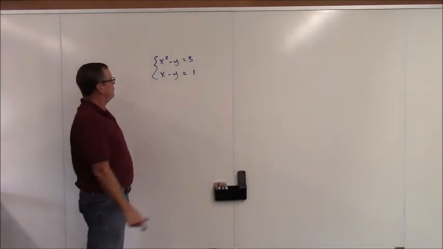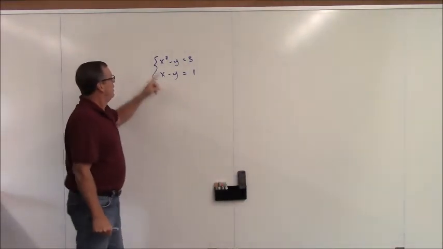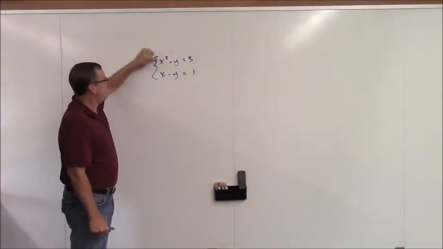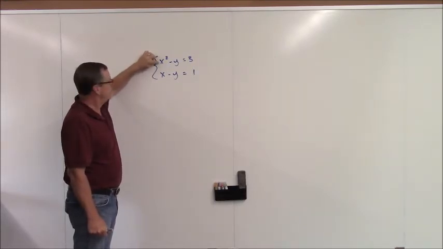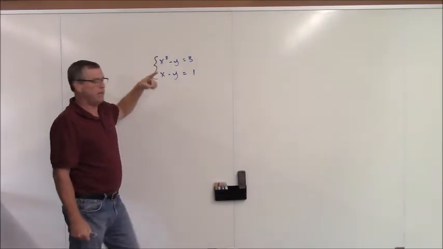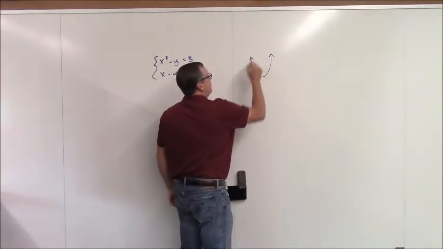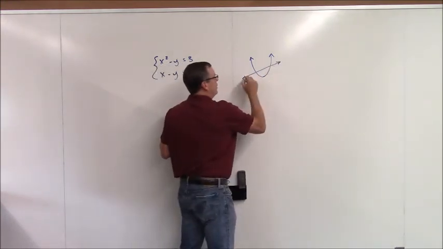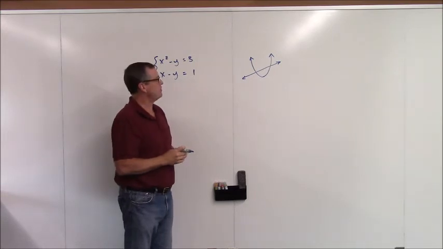All right, so here's another system of equations that we need to solve. But right away you notice something a little bit different about this. It's not 2 lines, it's a parabola and a line. And if we think about that, if I got a parabola and a line that goes through there, I might be looking for 2 possible points of intersection.